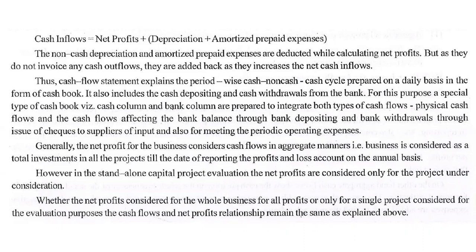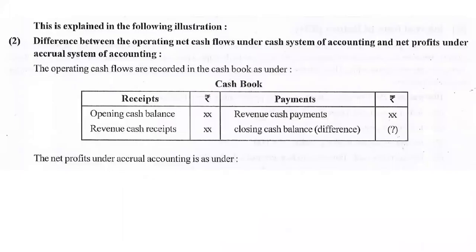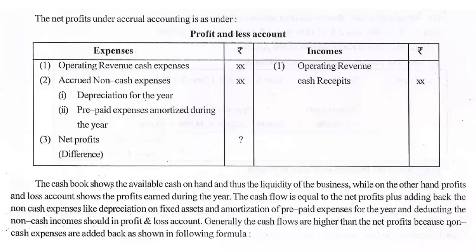Means when you have to calculate the profit or loss, you have to first prepare the cash book. In the cash book, you note whatever amount you have to expend or receive in your pocket. Then you have to know the profit and loss account, where you calculate the depreciation of the year and then prepaid expenses in that column.